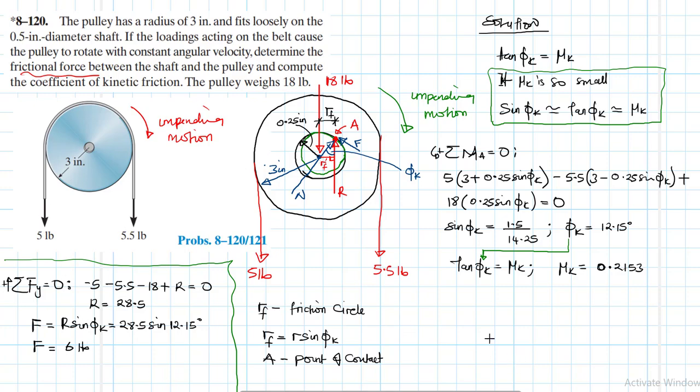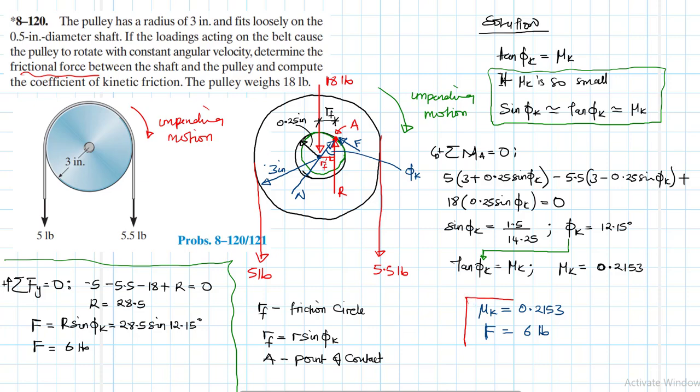Alright, so a summary of the solution. We have mu k, which is the coefficient of kinetic friction, equal to 0.2153, and we have the friction force, which is equal to 6 pounds.